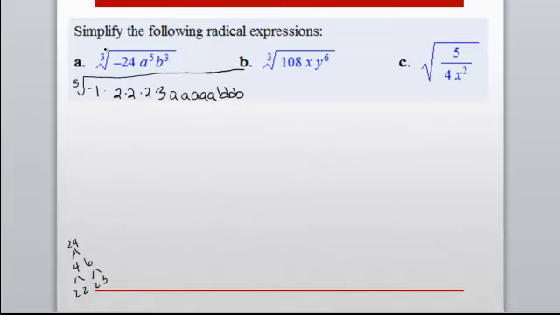Alright? Now remember, this tells us how many are going to escape together. So we're going to put them in groups of 3. These 3, these 3, and these 3. But in each one of those, only one survives. So we have a 2, an A, and a B on the outside. Don't forget about this -1.